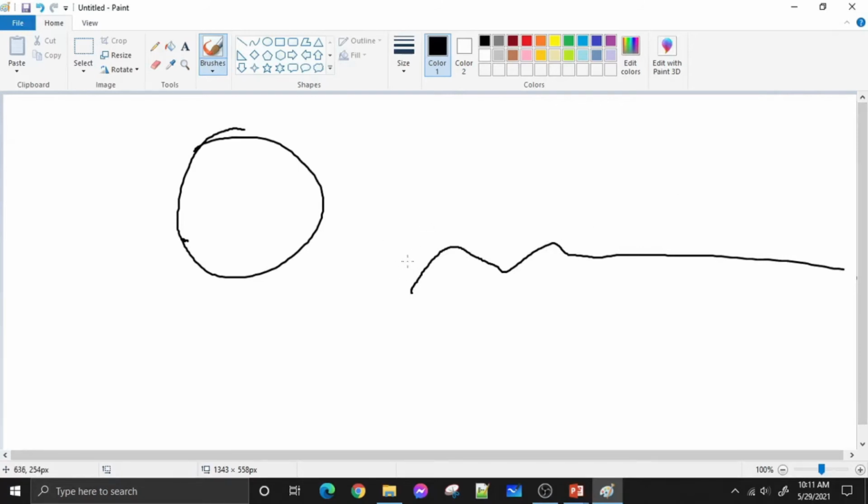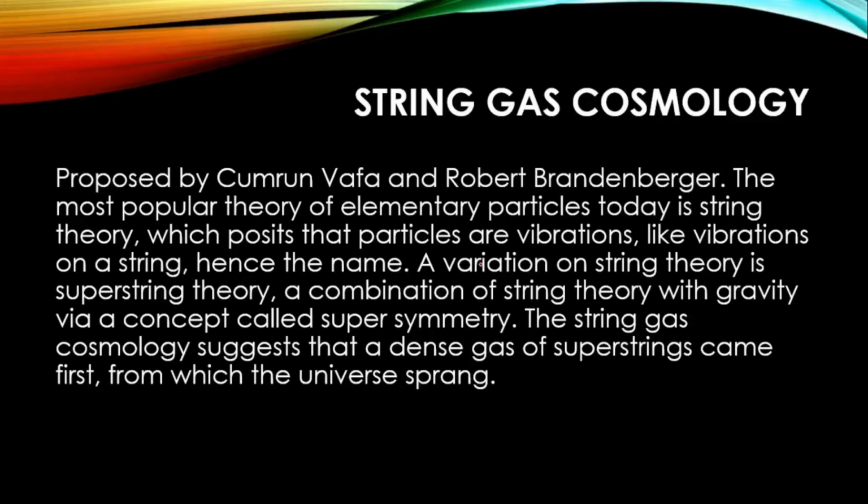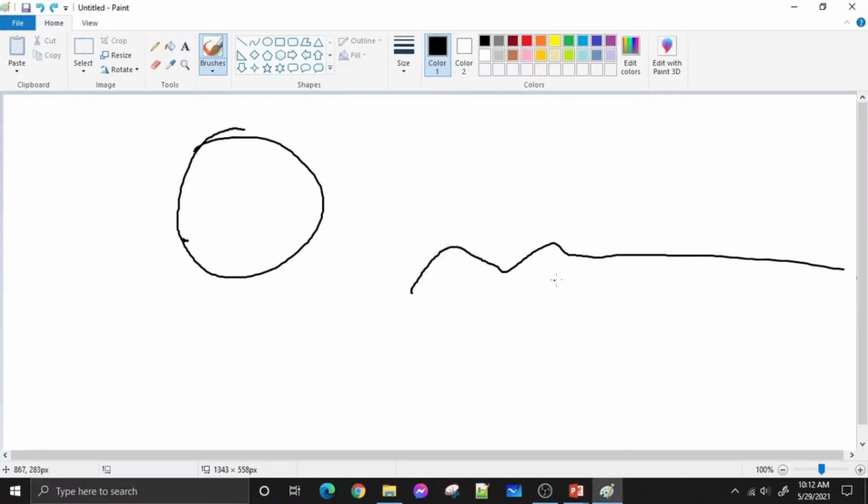So the universes sprang within that vibration, and with that vibration it created the gravitational force. So this is your superstring, and it vibrates.